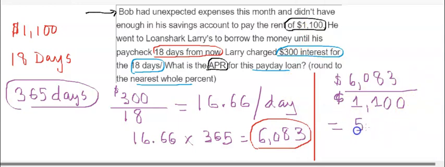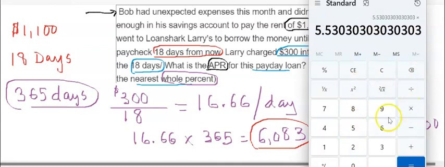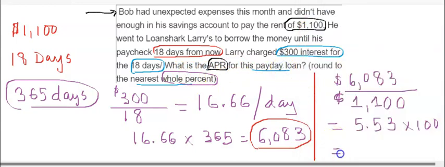That is in terms of a decimal, but the question asks for a percent. Round your answer to a whole percent. So you take 5.53 times 100, and that gives 553%. The question says to round to the nearest whole percent, so I'm going to keep that as 553%.